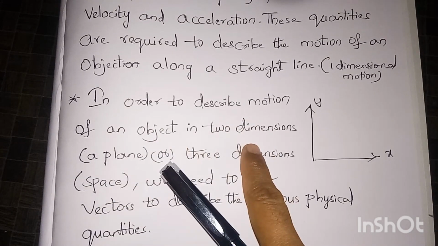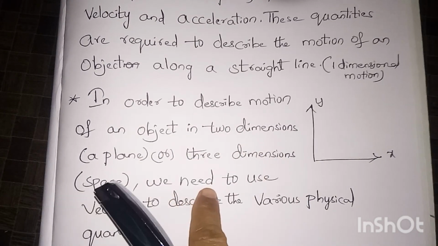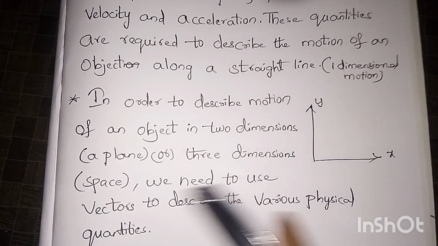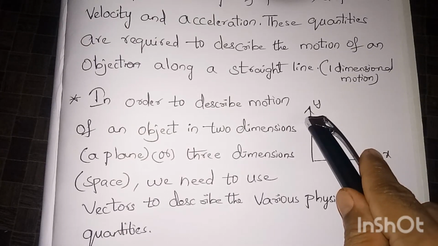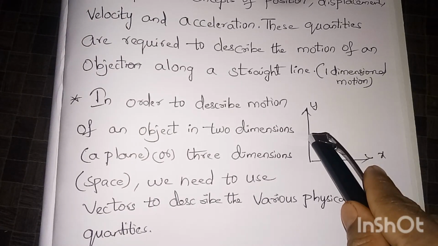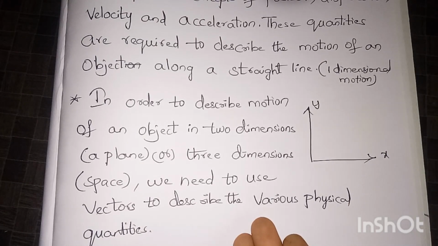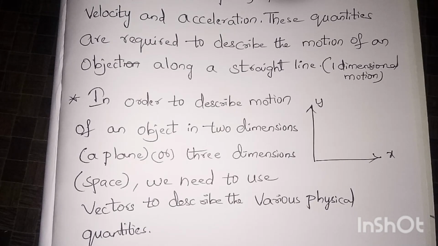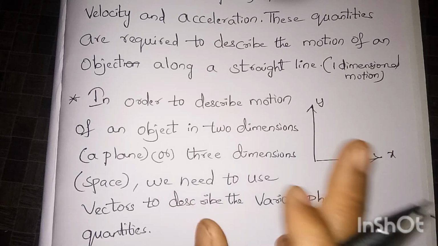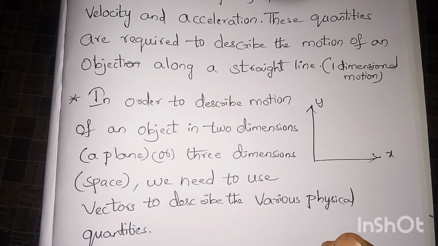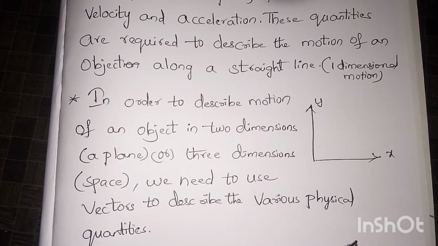motion in two dimensions or three dimensions, we need to use vectors to describe various physical quantities. Suppose an object is moving in two directions, that is in a plane, so we use vectors to describe physical quantities. For example, to find the velocity of an object moving in two dimensions, we use vectors to describe that velocity.